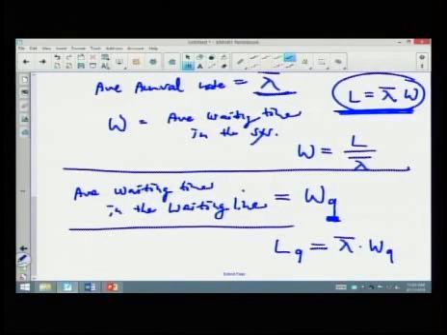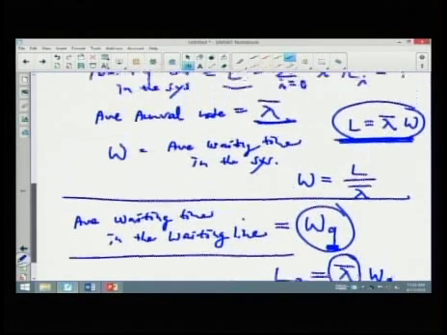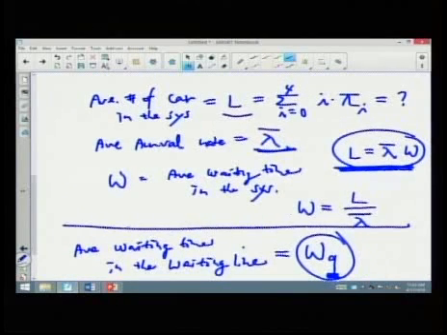So now you have an idea, right? In order for you to get WQ, what do you need? You need to get this, RQ. You already have lambda bar from here, right? So what you need is compute RQ. How do you get this? What is RQ then? Compared to R, what is the difference?